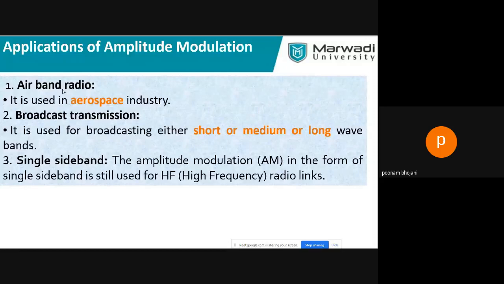But some AM radios are also there, which are being used by the aerospace industry, and in AM radio they use the amplitude modulation technique, and that's why it is called AM radio, not FM radio. In the FM radio that you know, frequency modulation is used. So here amplitude modulation is the application in airband radio.